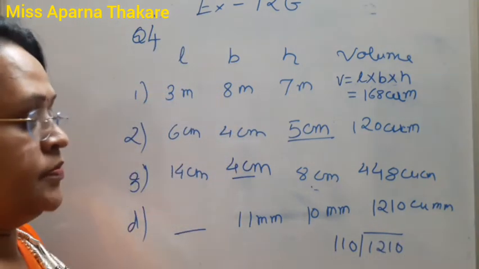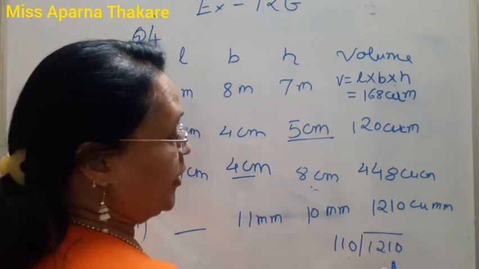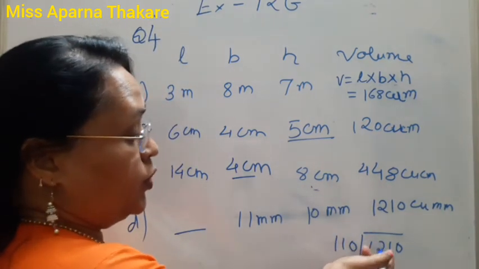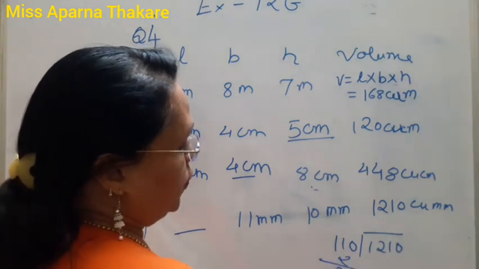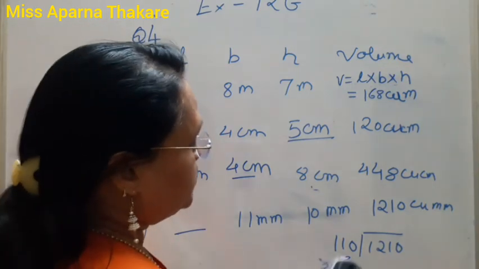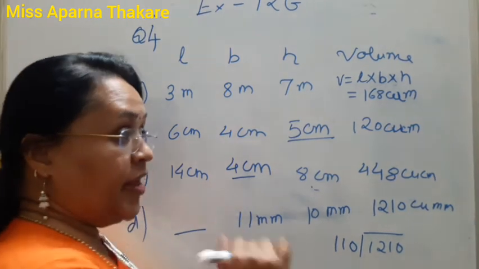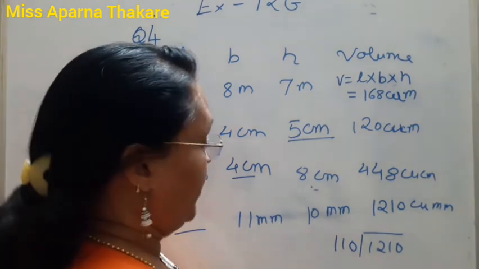Now what can we divide it by? We can try to divide, because we don't know how it is coming. We can divide by 10, it is 0, 2, 2, it is 220. Now we have to think how it is coming 11.